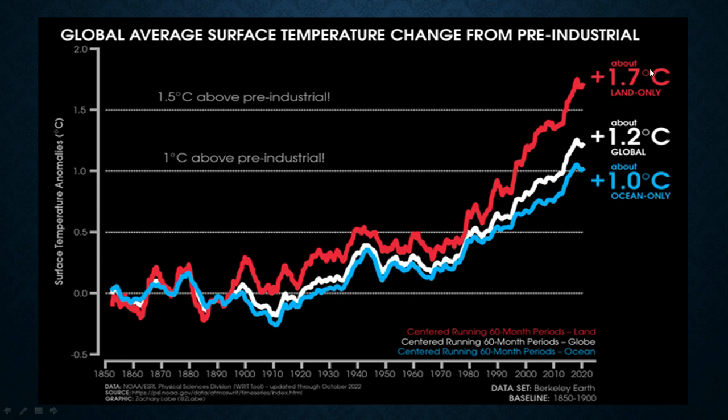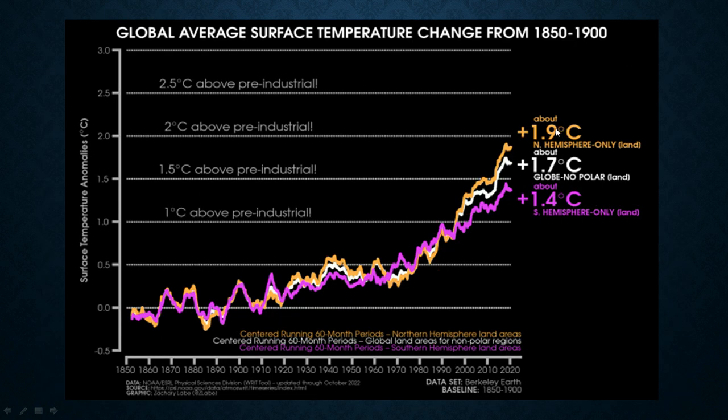This is all terrestrial lands, no matter where it's found. Here, they separated by the northern hemisphere and the southern hemisphere. And then globally, but excluding the polar. No polar land. So all this is for land.